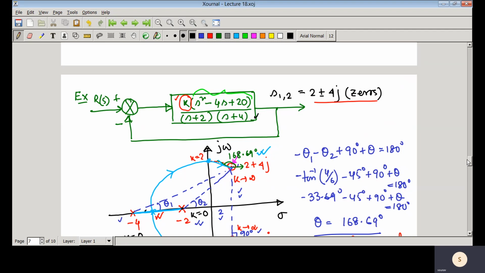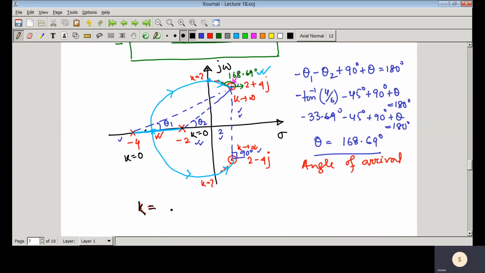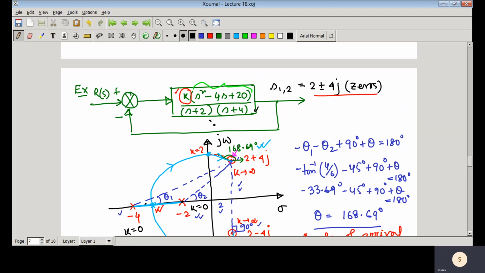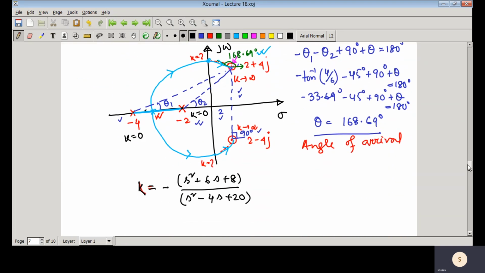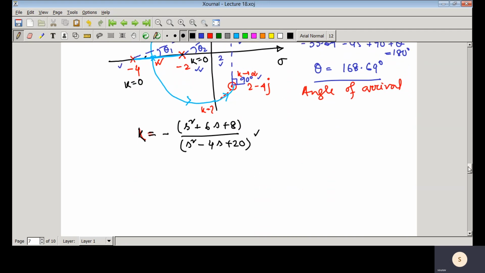So it will go to the numerator, so that means it would be minus (s square plus 6s plus 8) divided by (s square minus 4s plus 20). So we are getting it from the characteristic equation.